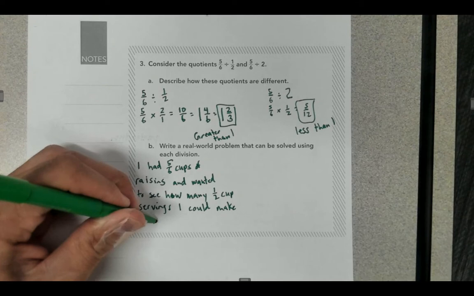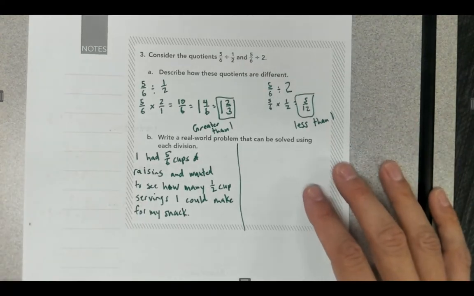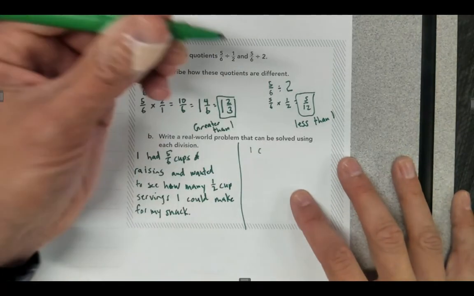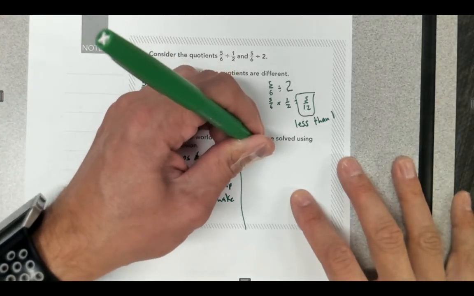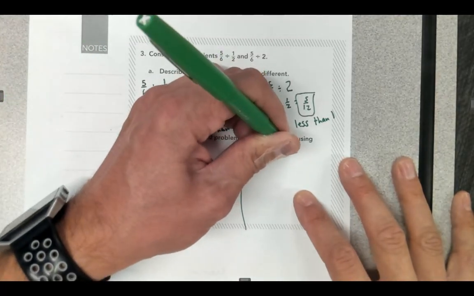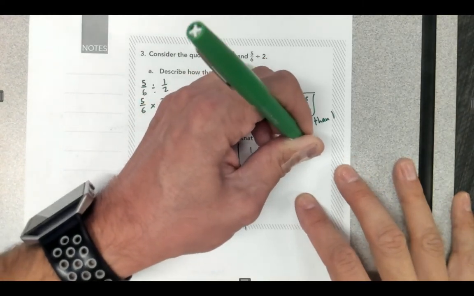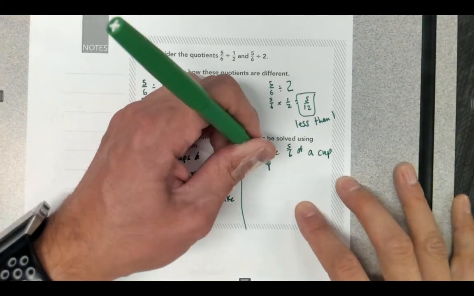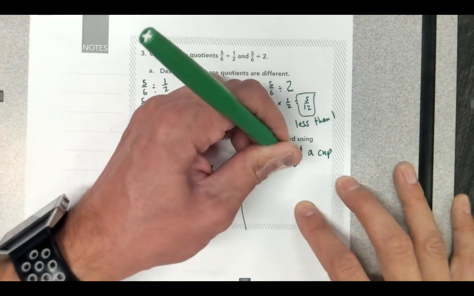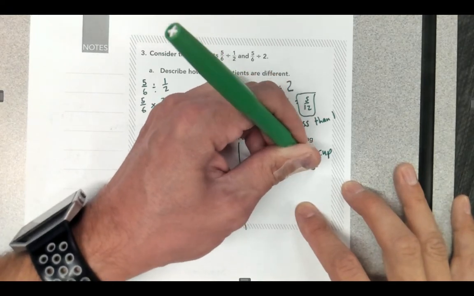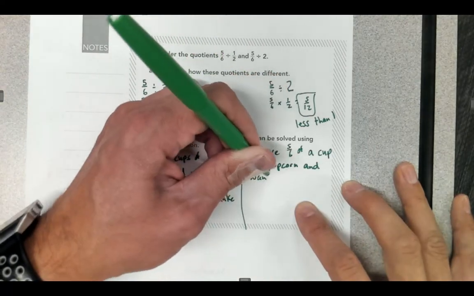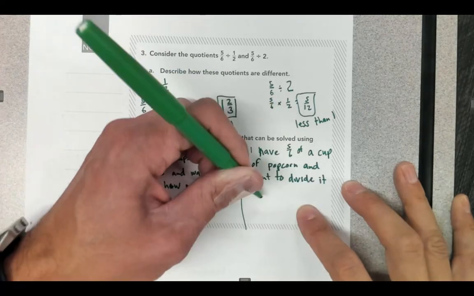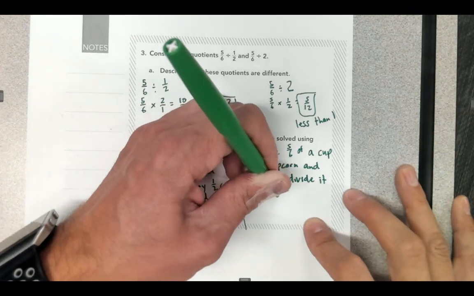Let's see here. I have 5/6 of a cup of popcorn and want to divide it into 2 equal groups.